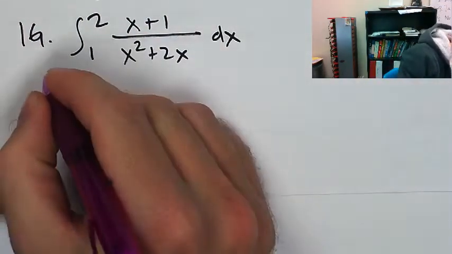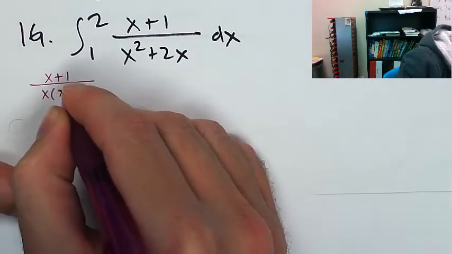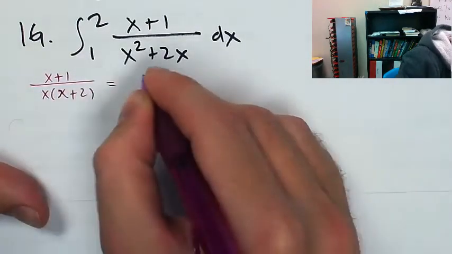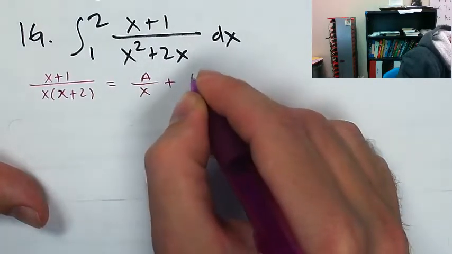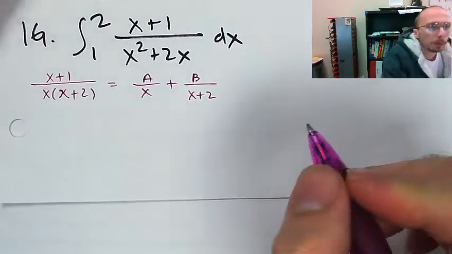And so I'll say, all right, x plus 1 divided by x times x plus 2 is going to be some number over x, some other number over x plus 2. Okay, this one was definitely in the examples. I remember this one.